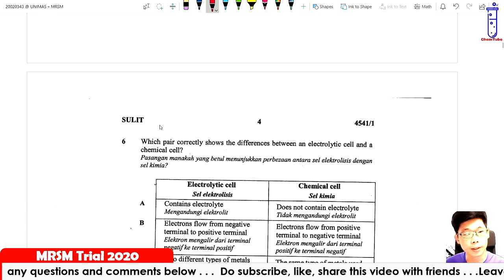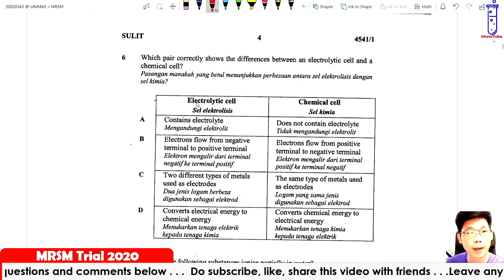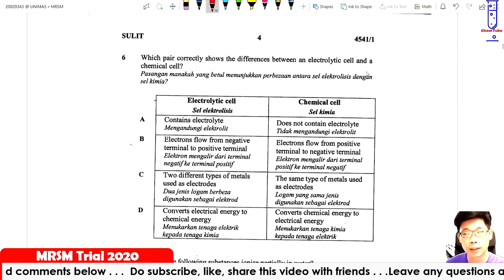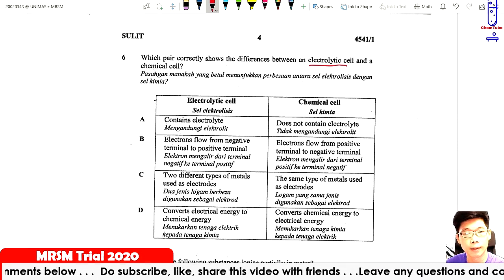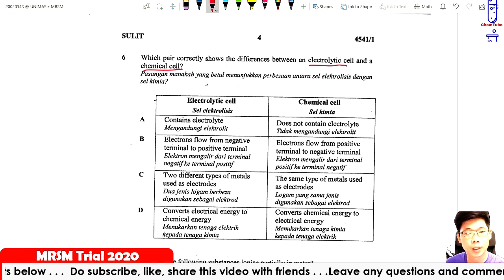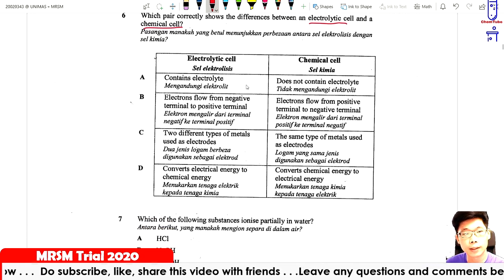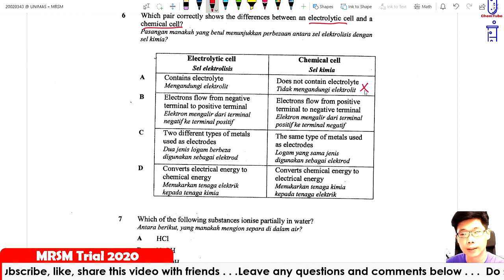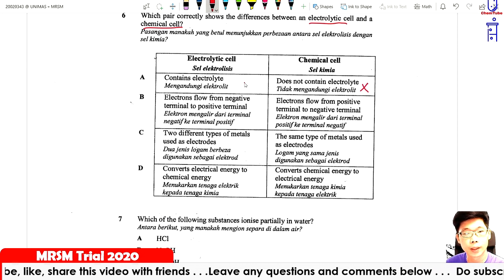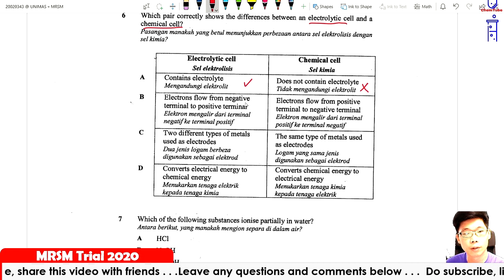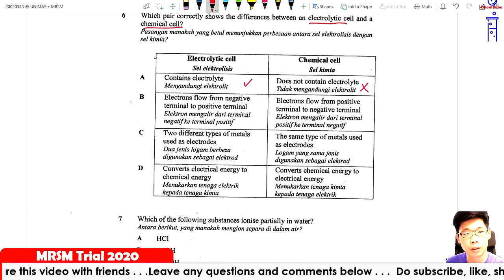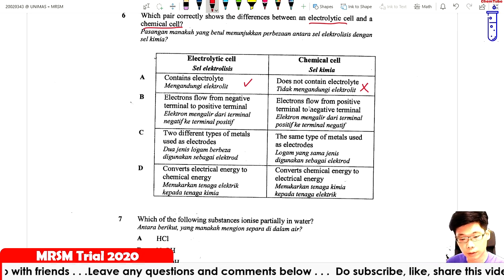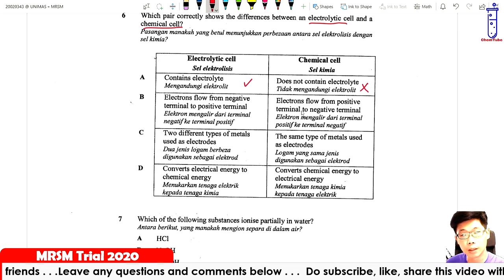Next question, question number 6. Which pair correctly shows the difference between the electrolytic cell and the chemical cell? Actually, both contain electrolyte. Electrons flow from the negative terminal to the positive in one, and from positive to negative in the other.